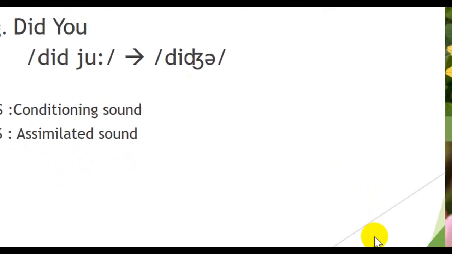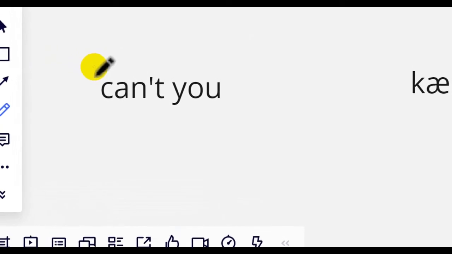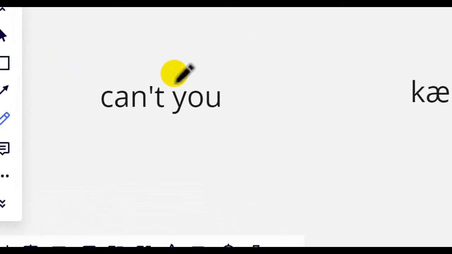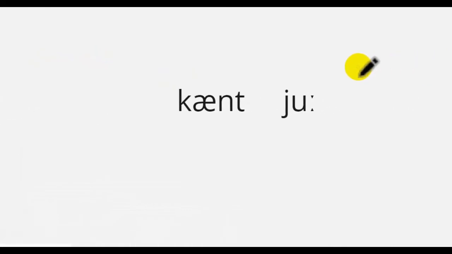Okay, let's see other examples. Another example is here, "can't you." Individually the transcription will be like this, "can't" and then "you." But the t and y becomes ch. Okay, why?